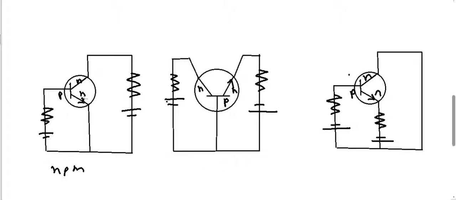Now see here. This is the N side, this is the emitter, and the N side is connected to the negative terminal of the battery, and the base is connected to the positive terminal of the battery.